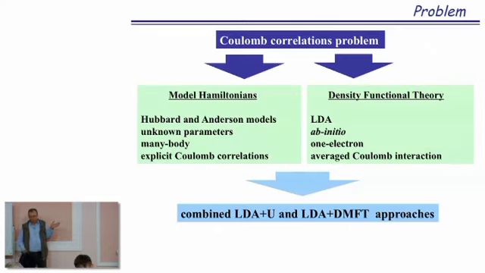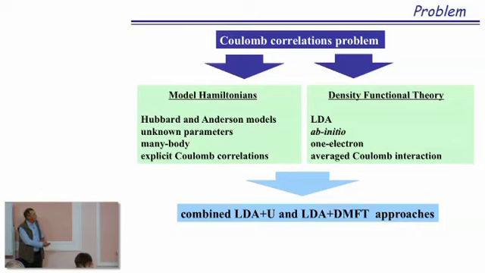Now, how to solve this problem? Correlation effects were treated in a model Hamiltonian, the Hubbard-Anderson Hamiltonian, but then it's a model. You need parameters. LDA density functional has everything: it has hoppings, bandwidths. We can even calculate the Coulomb interaction parameter in LDA.